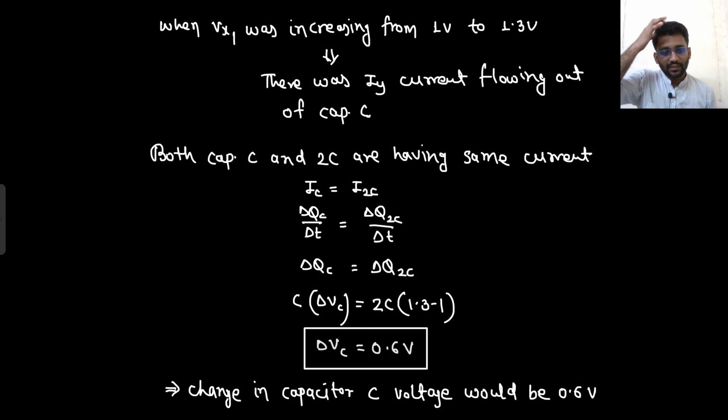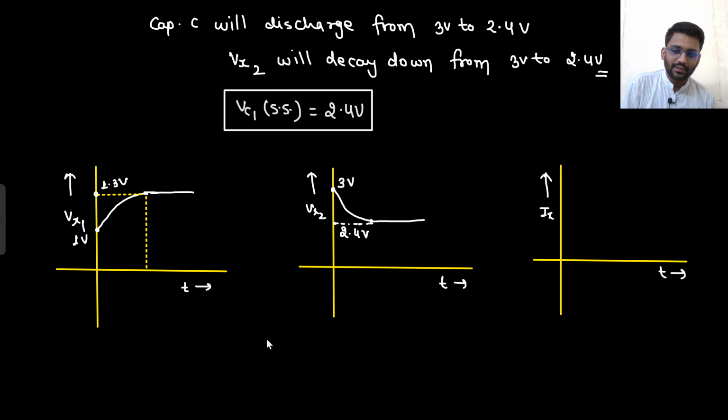By the way, at steady state, I will draw the circuit now. At steady state, what is the scene? Here only I can draw. This is 2.4. This is 1.3.